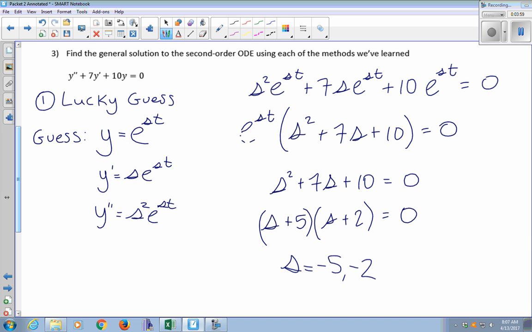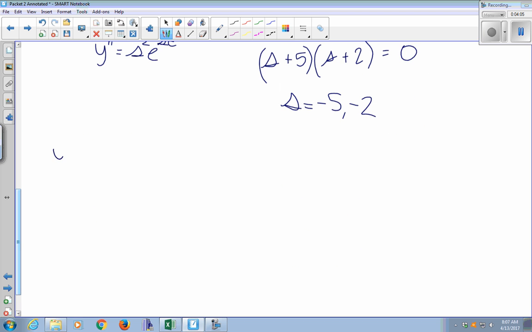So I've now found two particular solutions using lucky guess, -5 and -2. So I have y1 is e^(-5t), y2 is e^(-2t). In chapter 2, this is where we stopped. We said, okay, we found two particular solutions.